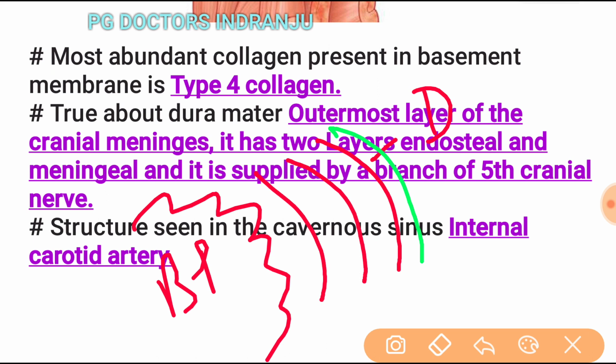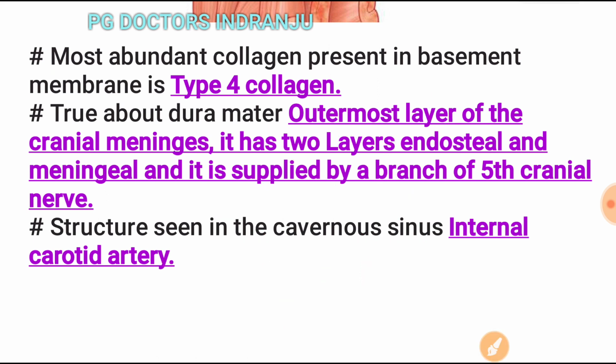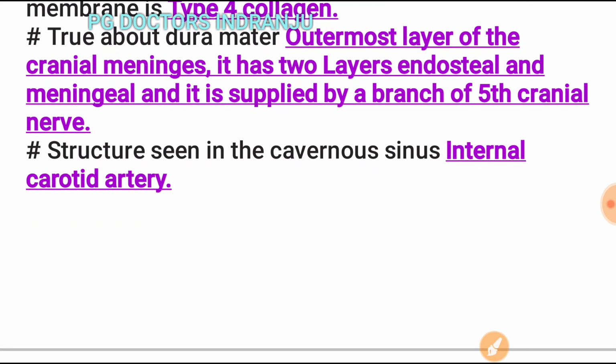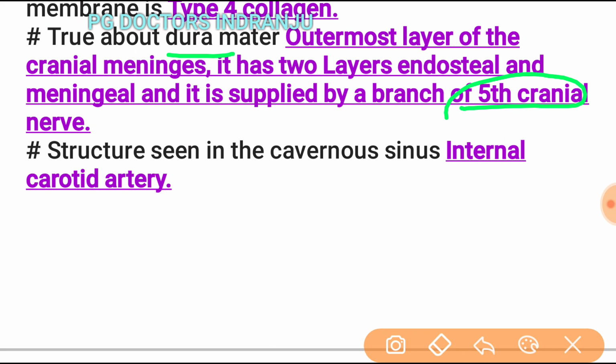So it is attached to the bony part, and another one is the meningeal part. So it is divided into two parts. The true thing is that dura mater is the outer part and supplied by the fifth cranial nerve.